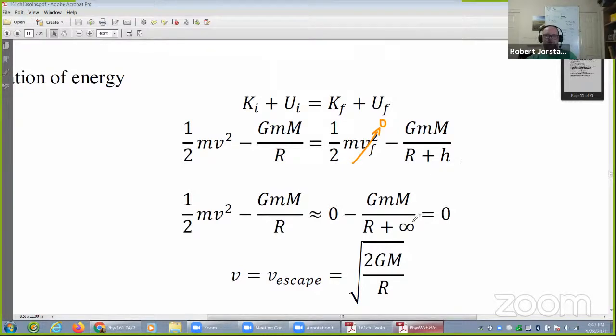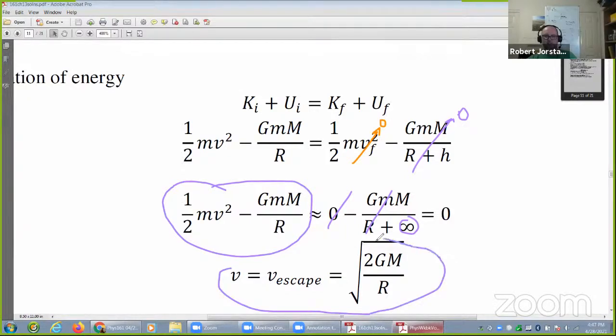And then we said, if this goes to infinity, that term also is going to go to 0. So both go to 0. If we solve this remaining equation for V, we get that. Take a second to look through that. This is how we could use energy to calculate a speed in a gravitational problem. Very cool.